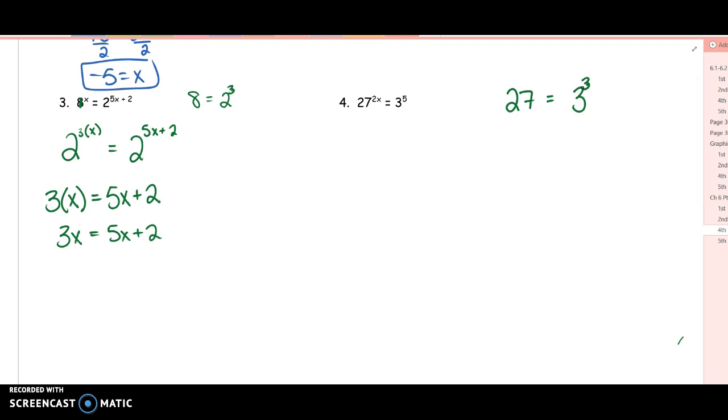It's going to be something that you can pretty much look at and say, oh, hey, 9 is 3 squared. But for these, we're doing something a little bit more complex. So this 27 is replaced with 3 to the third. The original exponent 2x is going to go in parentheses, still in the exponent. If that 2x had been a 2x plus 1, you would need to distribute that 3 into the parentheses.